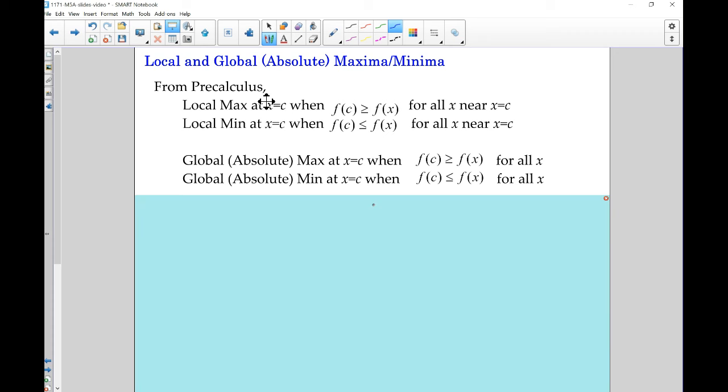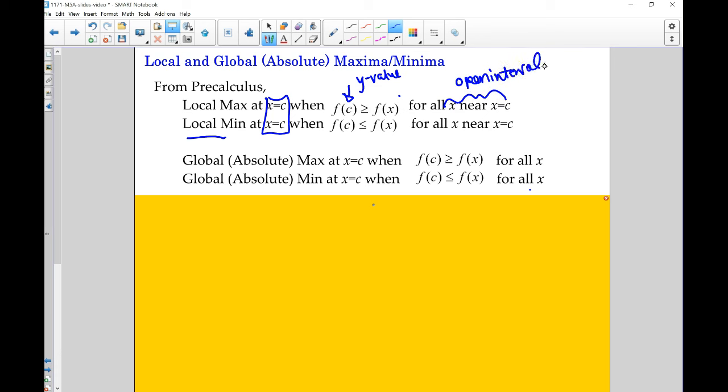So notice that we have the language "at an x value," but the maximum and minimum values are actually y values. So here we have y values, and f of c would be the y value for that maximum or minimum. And when we have locals, we say for all x near c, so this is in an open interval.